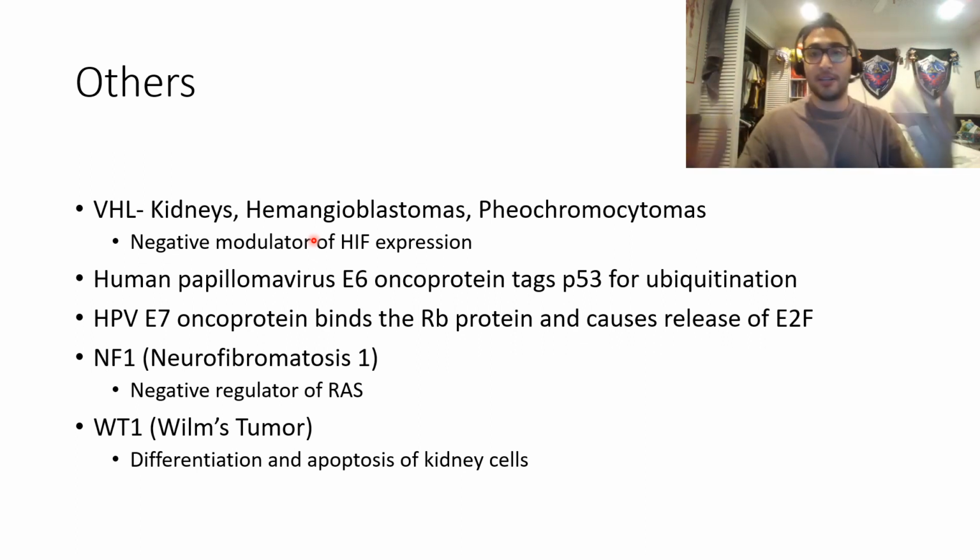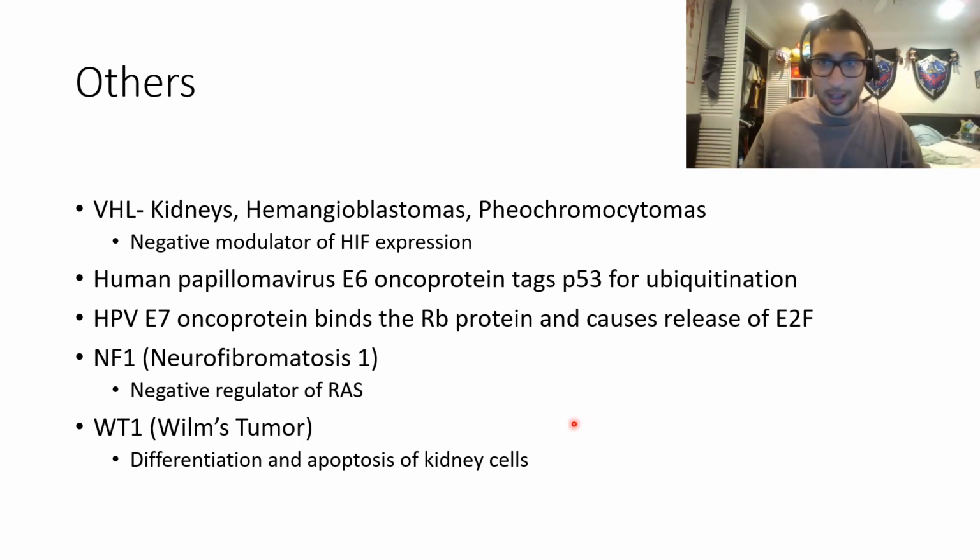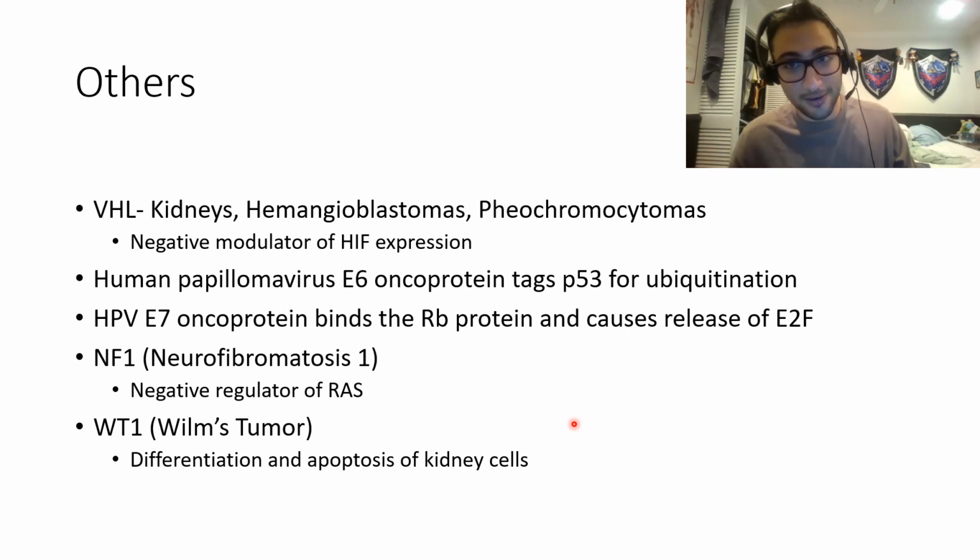So what's hypoxia-inducible factor? When you don't have a lot of oxygen, or you are hypoxic, there is a protein that can be induced, and it causes transcription of genes. This factor is called hypoxia-inducible factor, HIF.